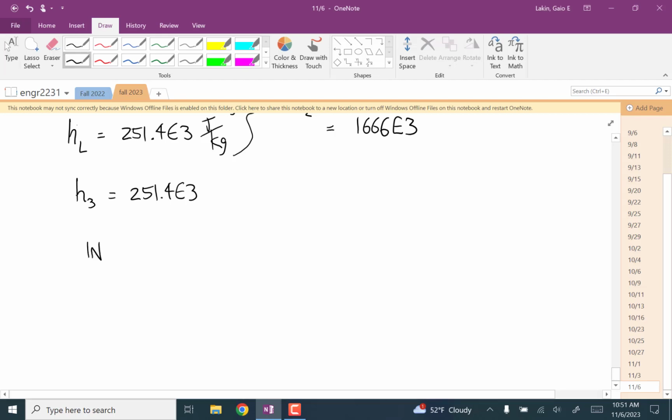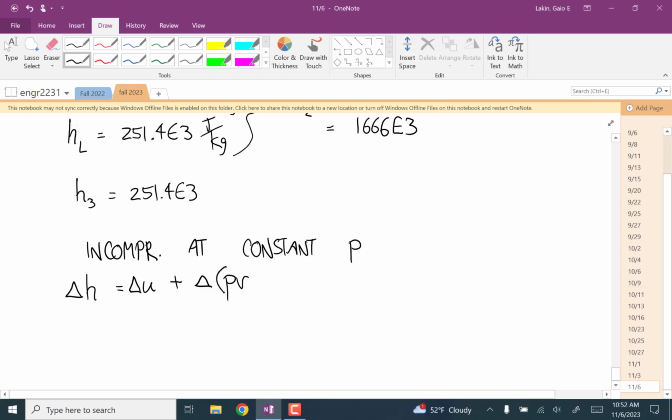So for incompressible, at a constant pressure, the change in specific enthalpy is equal to the change in specific internal energy plus the change in pressure times volume.